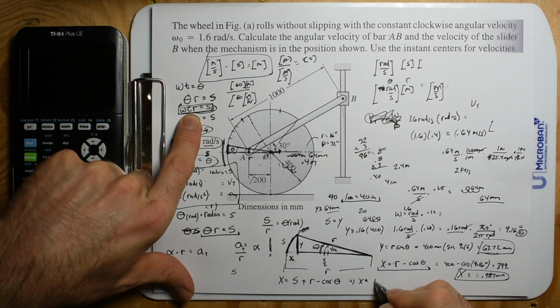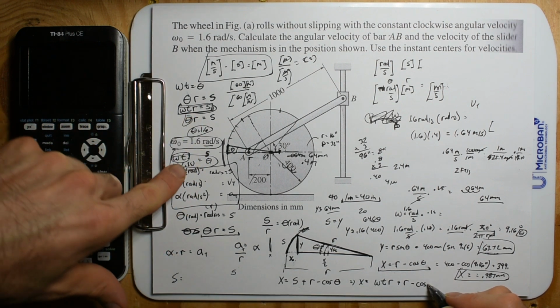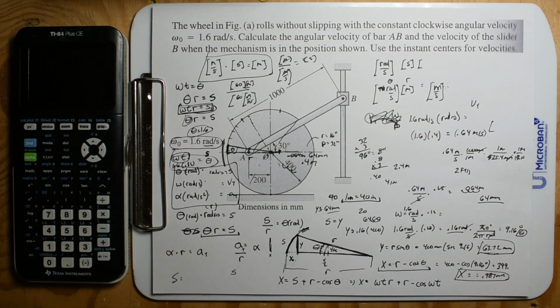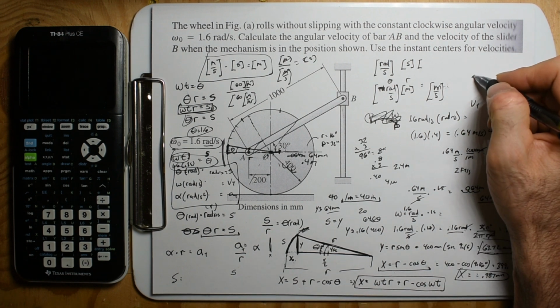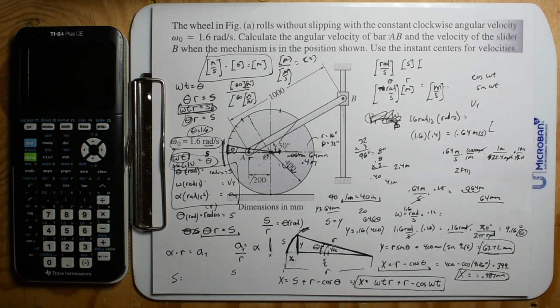So we're going to have omega t times the radius plus the radius minus cosine, and then theta is just omega t. I'm even tired, and this is the first time I've really done that. But equations like this just don't look good, and you don't know what's going on. But it helps you when you're reading textbooks, because this term comes up a lot. You see cosine omega t or sine omega t, it's just kind of interesting.